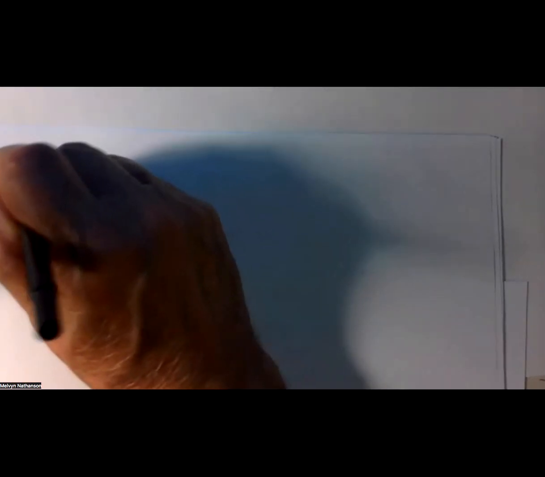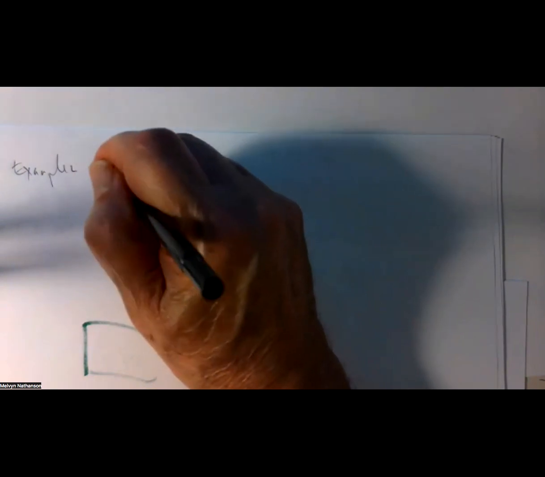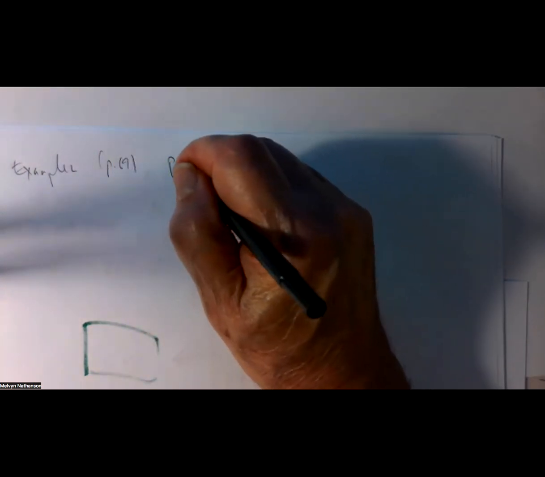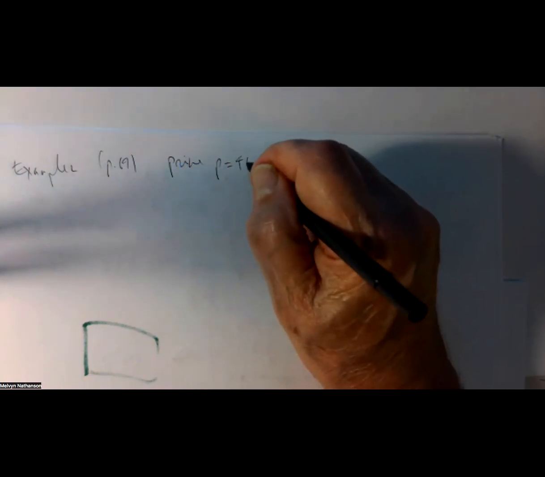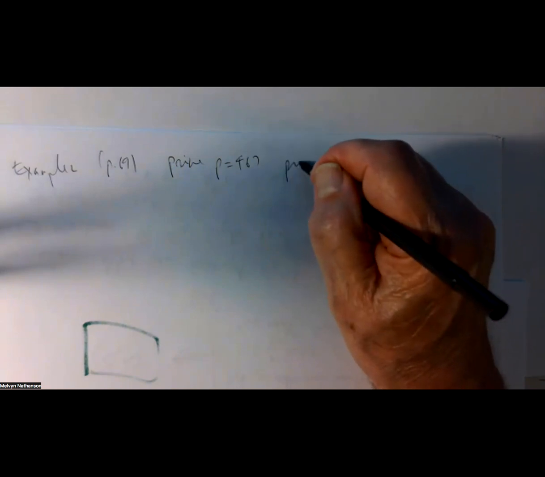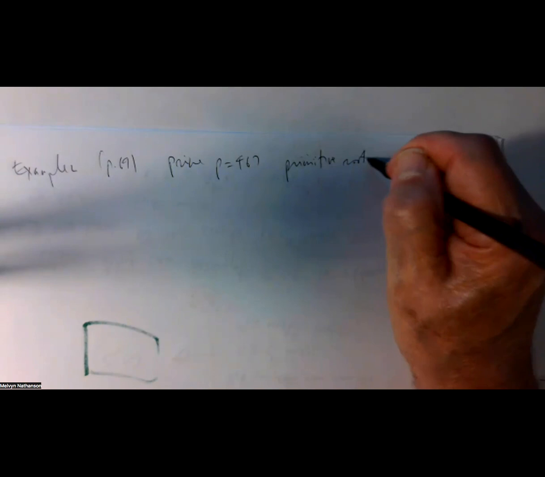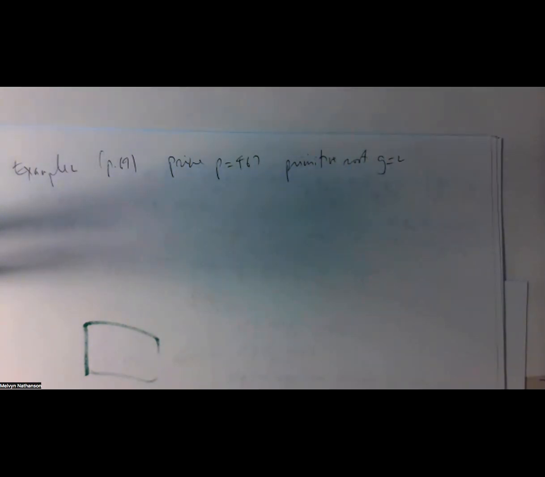Okay. So this is an example. This is example 2 on page 69. So we have the prime P equal 467, and the primitive root, it turns out that 2 is a primitive root for the prime 467.